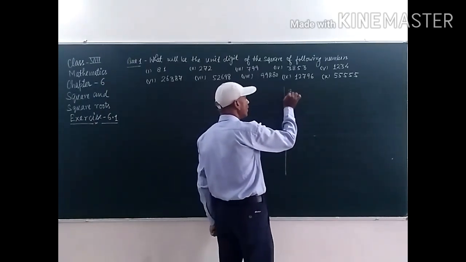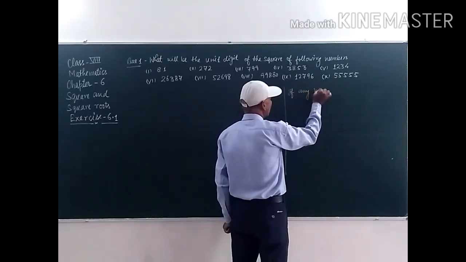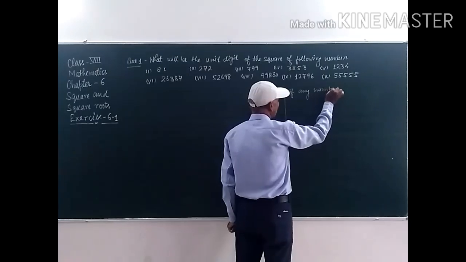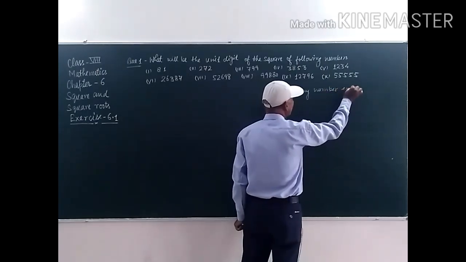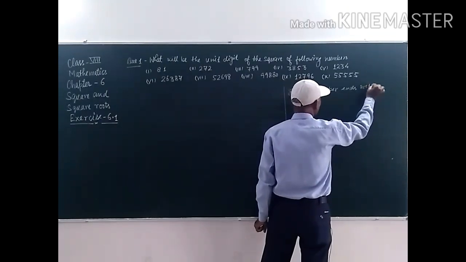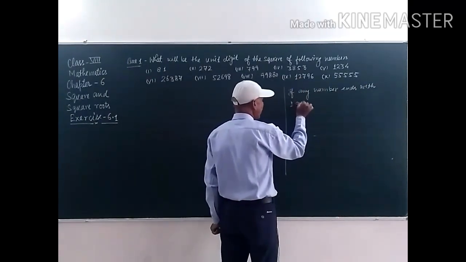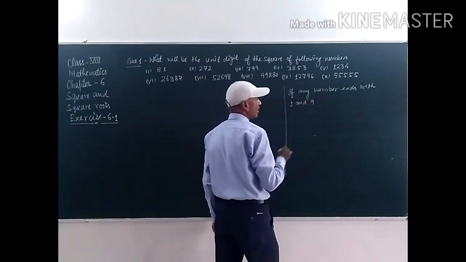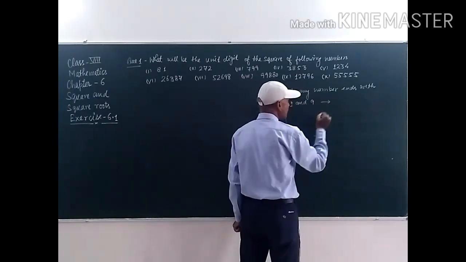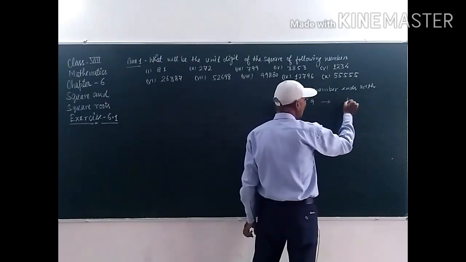If any number ends with 1 and 9, then in the square of these numbers, unit digit will be 1.